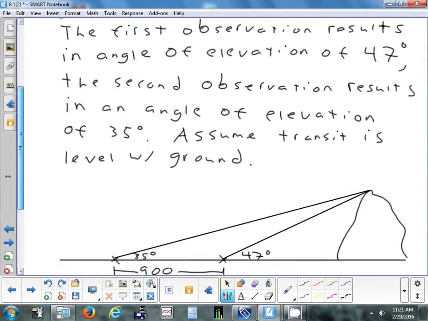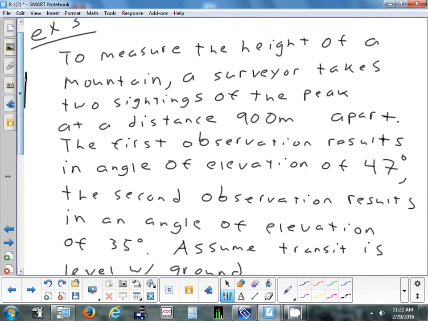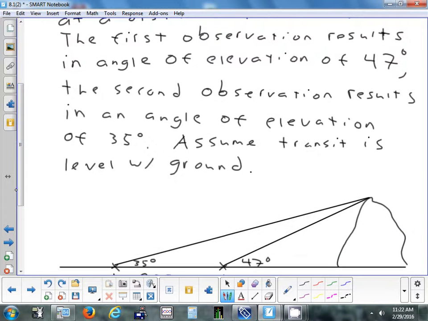And we're measuring the height of a mountain, so I should add that in. Find height of mountain.